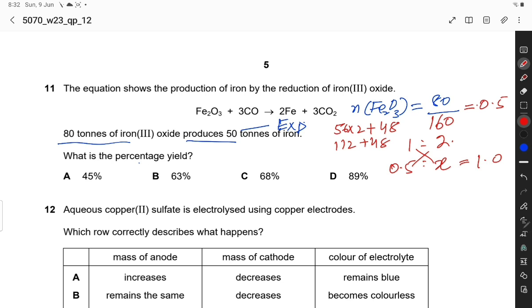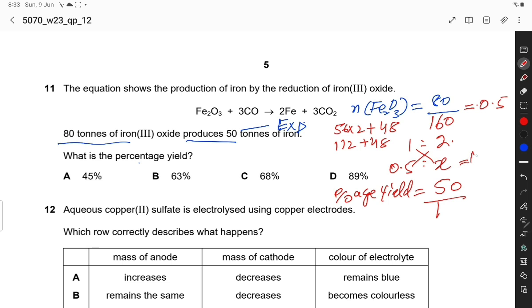So 80 tons produces... this is the theoretical yield.